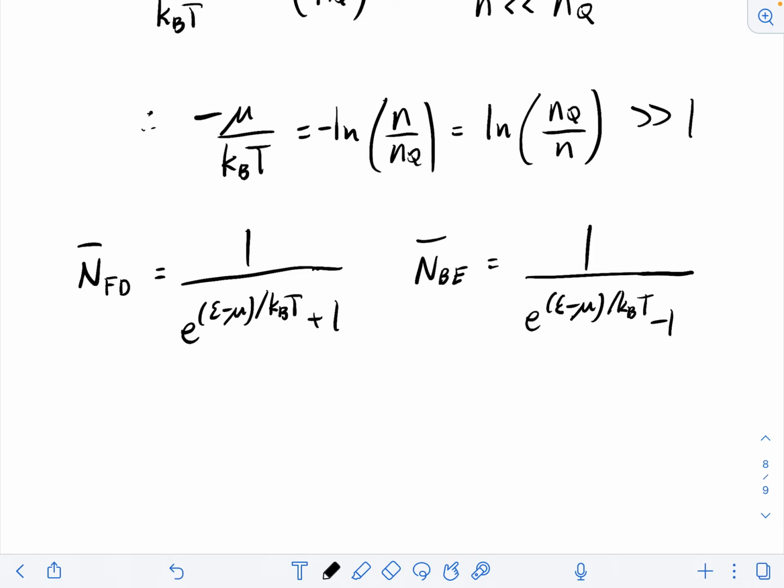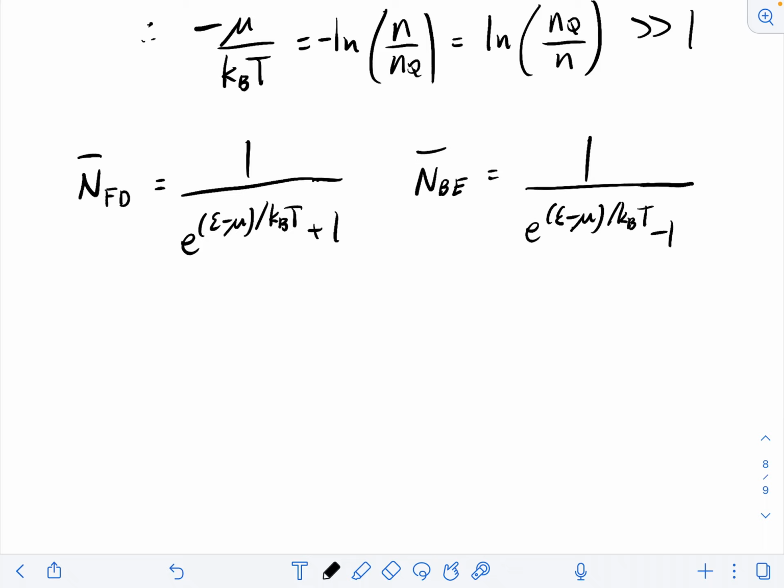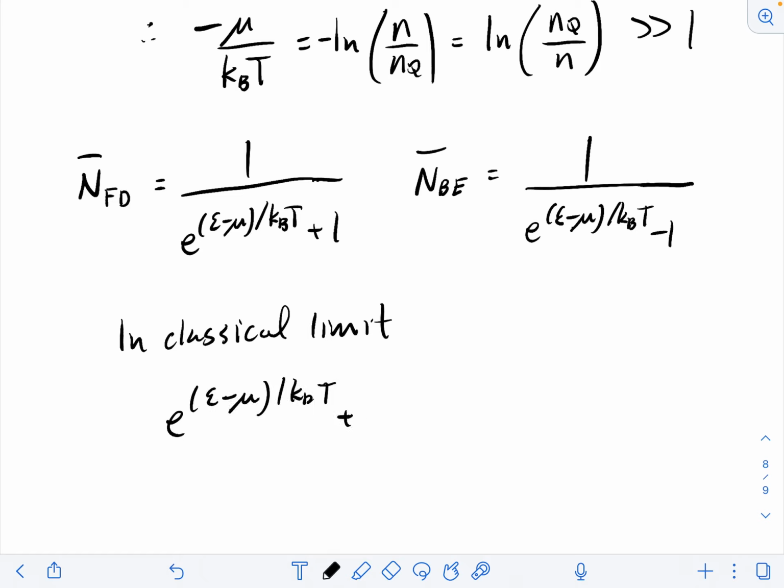In the classical limit, the denominator is e to the epsilon over kBT times e to the minus mu over kBT, plus or minus 1.